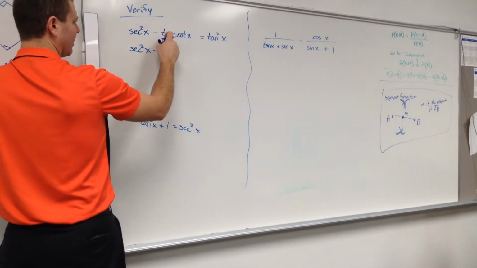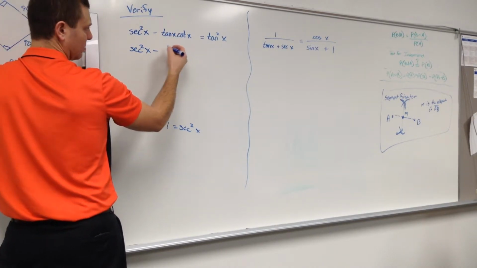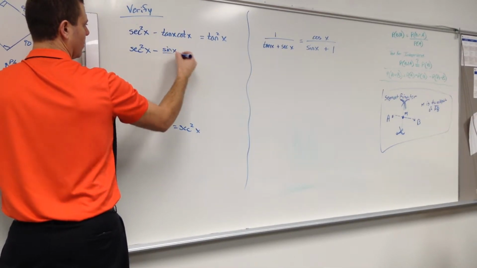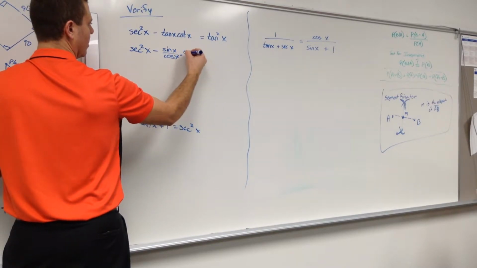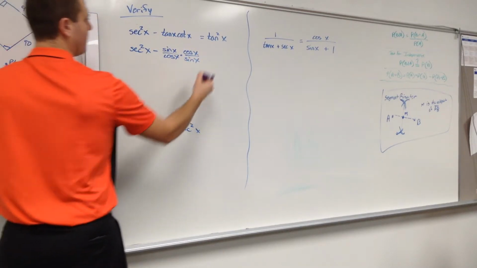Okay? When you guys think of tangent, do you think sine over cosine? Yeah? Okay. And then cotangent is what? Cosine over sine. Okay?